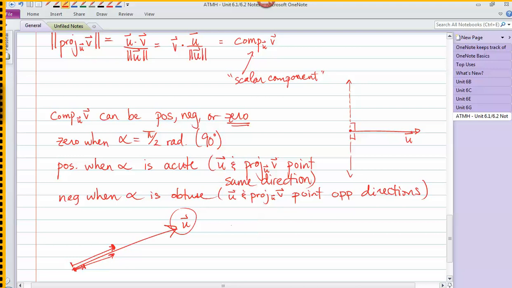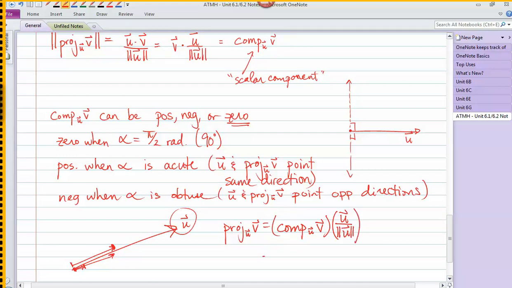So the projection of V onto U is going to be the scalar component part that tells us how long it is and which direction it's going. Or it tells us, is it pointing in the direction of U or the opposite direction of U? And I'm going to multiply it by a unit vector pointing in the direction of U: U divided by its own length.